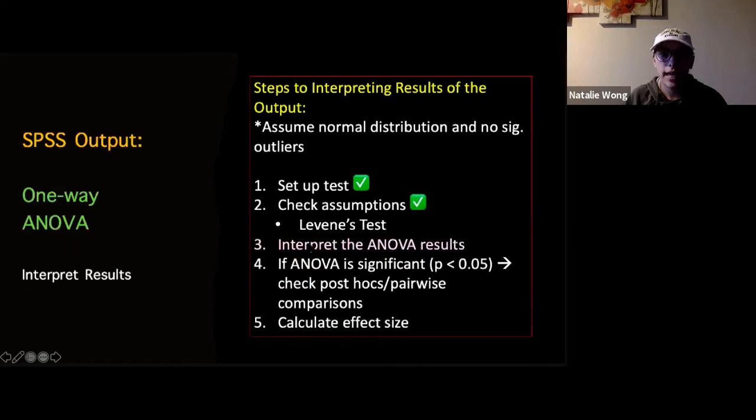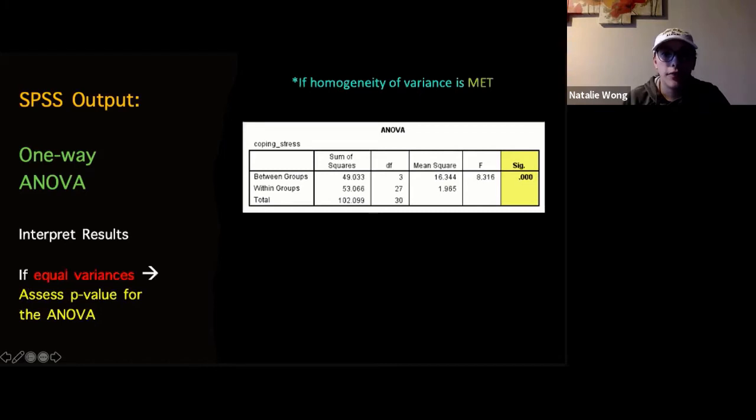Now we can look at the ANOVA results. I have 2 slides in this section just to account for what would happen in either case. The first slide goes over if you've met homogeneity of variance, which is the case for this example. We would go straight to the ANOVA table where we can still see there's a p-value listed in the sig column for the F statistic.